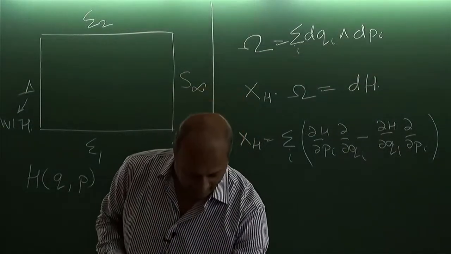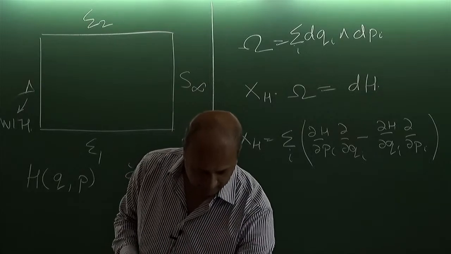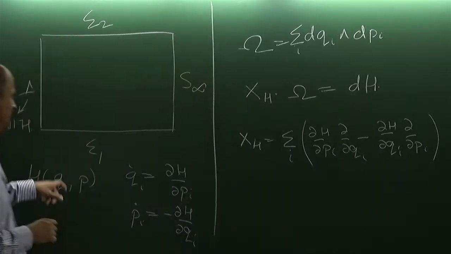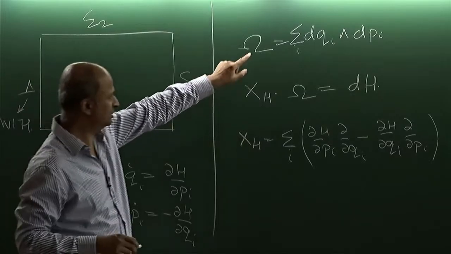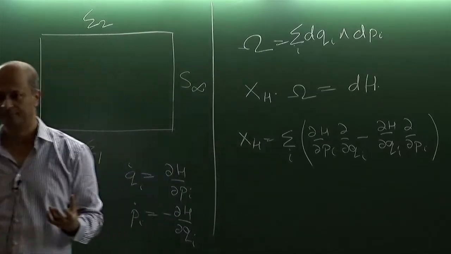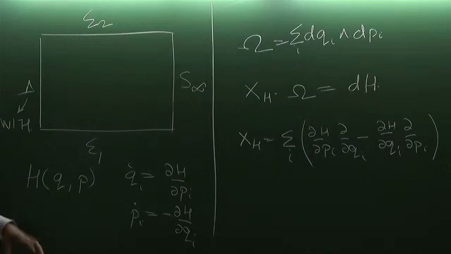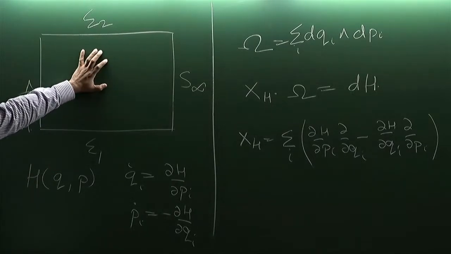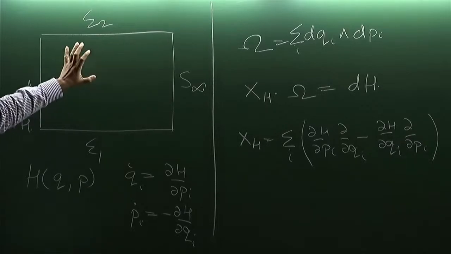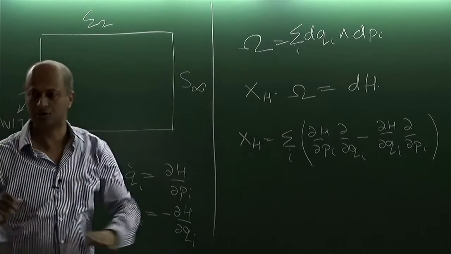Now the analogous case for us is that the symplectic structure comes from the action. So we have some gravitational fields living in the bulk here, and a variation of the action gives you the symplectic structure, which is this omega. It's now an infinite dimensional space.